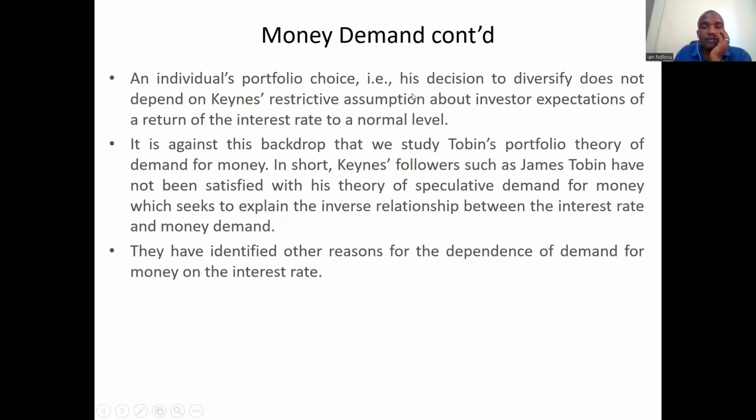An individual's portfolio choice, that is his decision to diversify, does not depend on the restrictive assumption of John Maynard Keynes about the expectations of investors of a return on the interest rate to a normal level. So this concept of the interest rate being required to return to a normal level, in reality, according to empirical studies, may not actually hold.